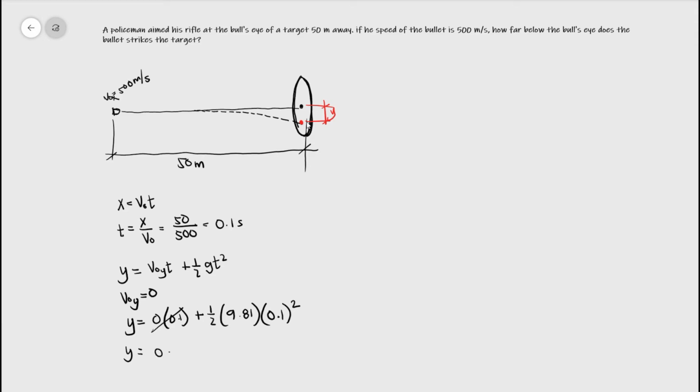Solving for the value of y, we have 0.05 meters, or we can also say that this is equal to 5 centimeters.